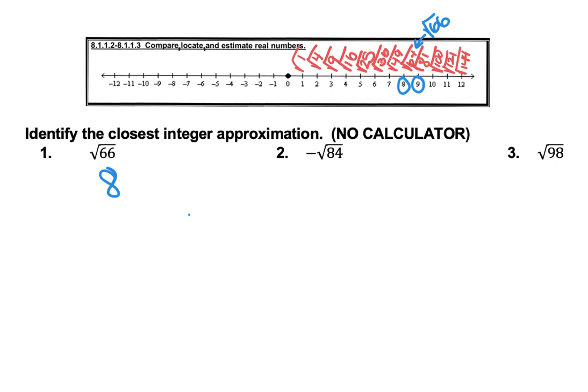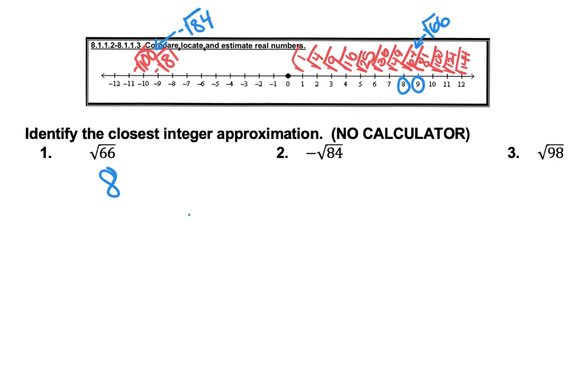So now we've got the negative square root of 84. For the negative square root of 84, we're going to come down here. Let's just fill this out. We have the negative square root of 81 and the negative square root of 100. And in between, we would have the negative square root of 84.